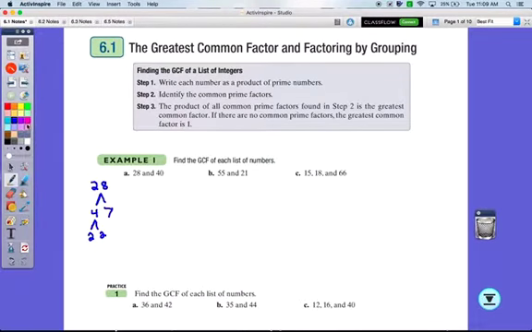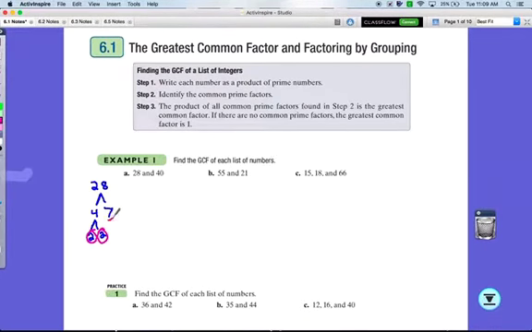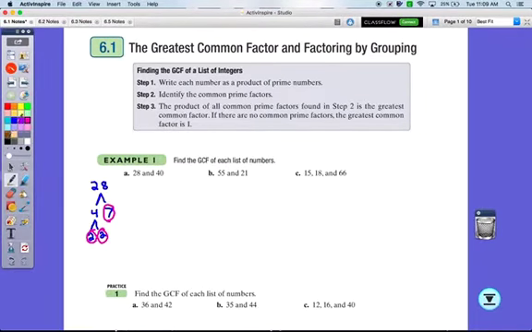Once you get down to a number that does not break down any further, you circle it, and those are your prime factorization. So 28 is 2 times 2 times 7.